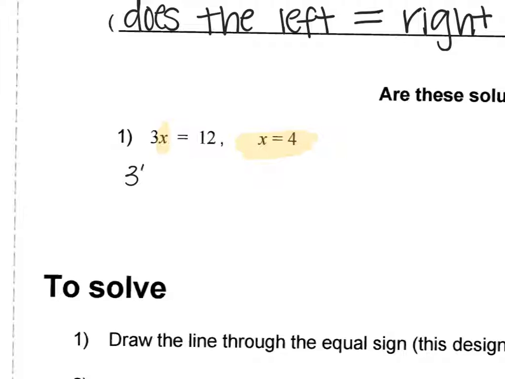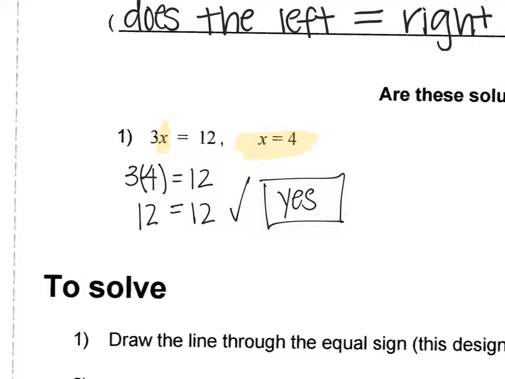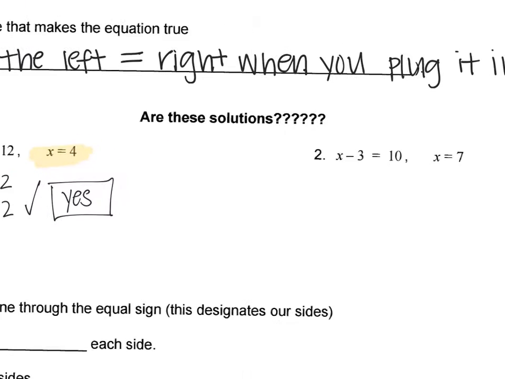I've really got 3 times 4 equals 12. Well, 3 times 4 is 12. Does 12 equal 12? Yep, here on planet Earth, 12 equals 12, all day, every day. So 4 is a solution. Yes. 4 is a solution. When I plugged in the number I got, the left side equals the right side.